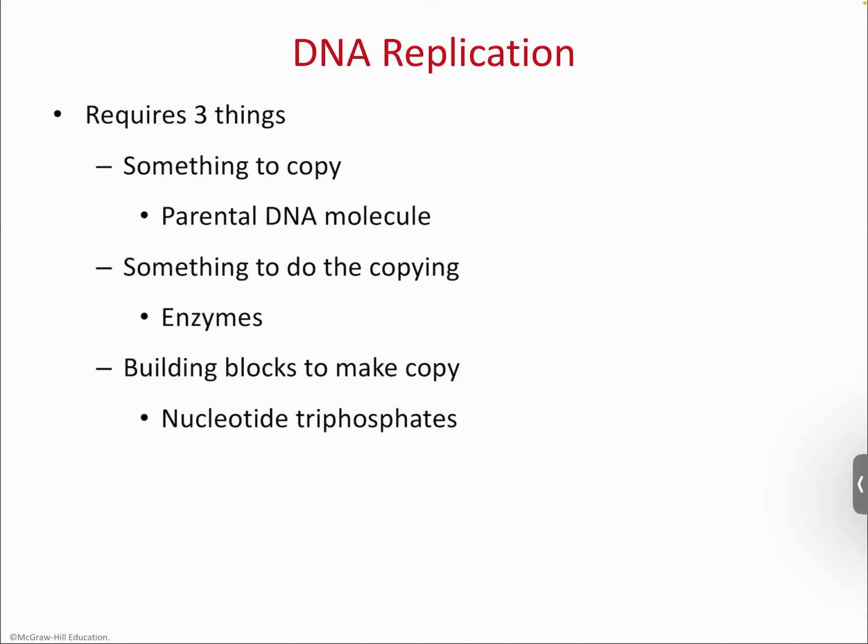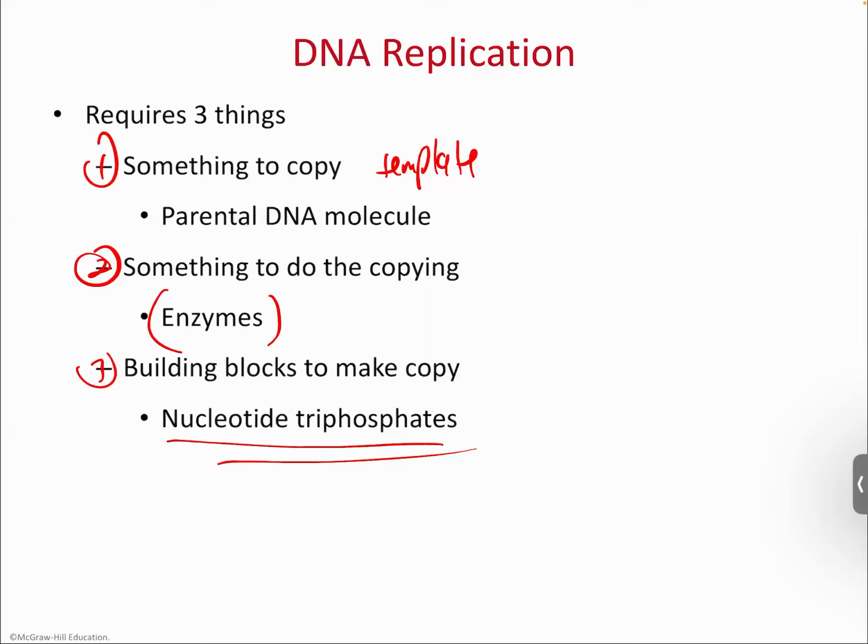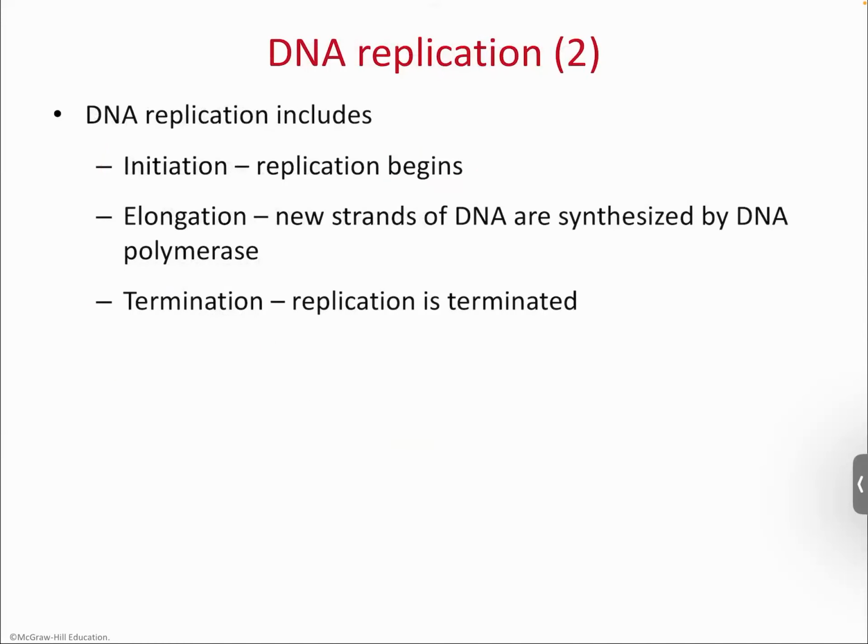Same thing's also true for DNA. So first of all, you need something to copy, right? This is your template. Sorry, conservative people, not happening, right? Then you need something to do the copying. These are the enzymes of replication that will actually do the structural component of copying. And then of course you need the materials in order to actually build the copies itself. These are the nucleotides. Okay. So you need all 3 of those.